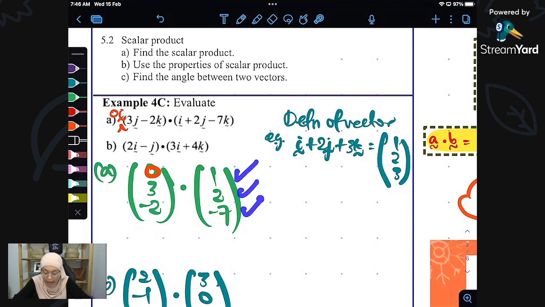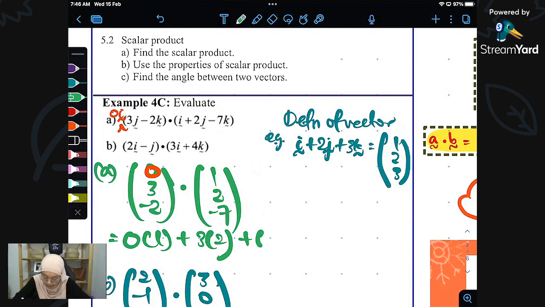So I bring out the coefficients, which are 1, 2, and negative 7. Now I am ready to use the dot product, which is 0 times 1 plus 3 times 2 plus negative 2 times negative 7, and we will get 20.